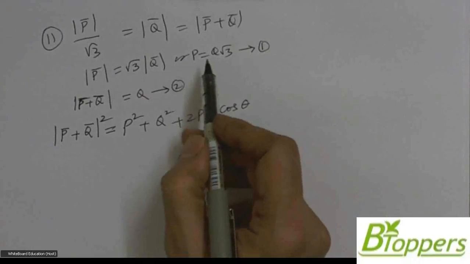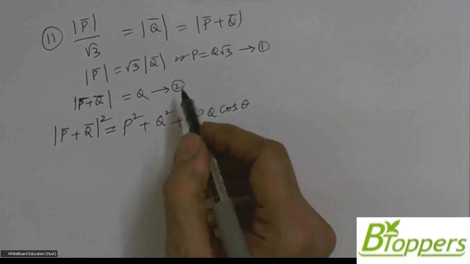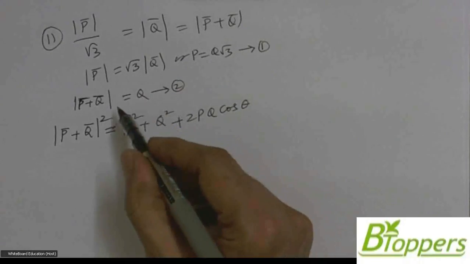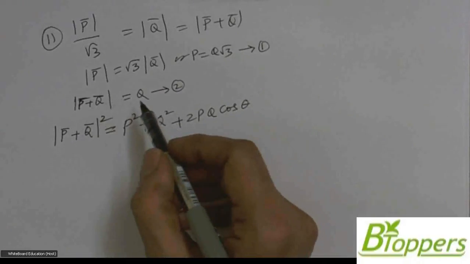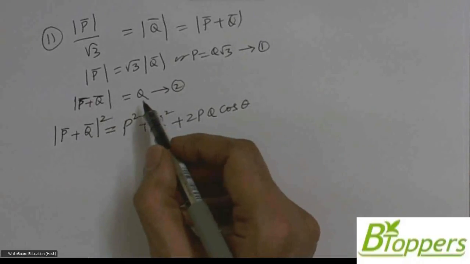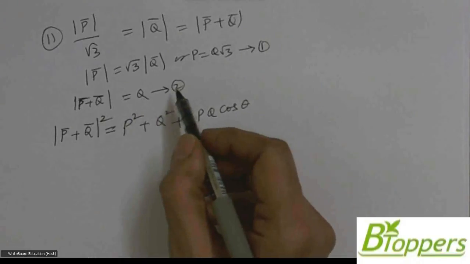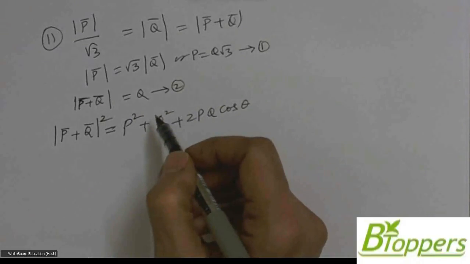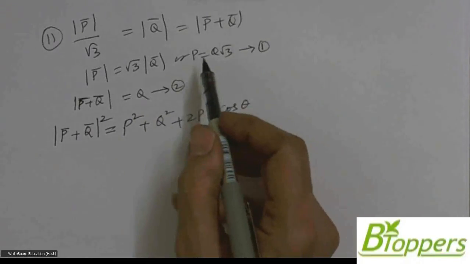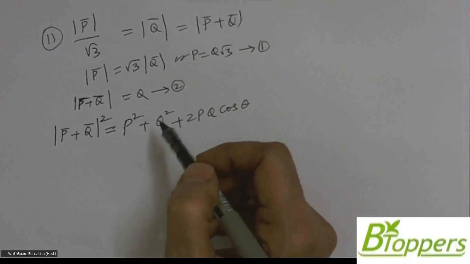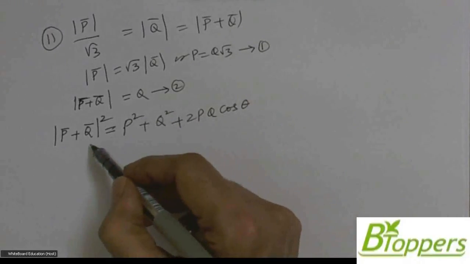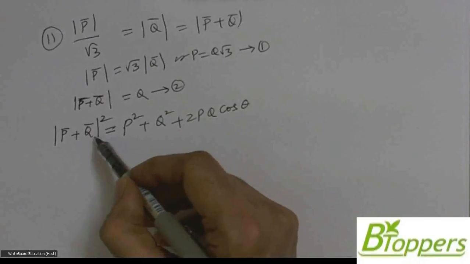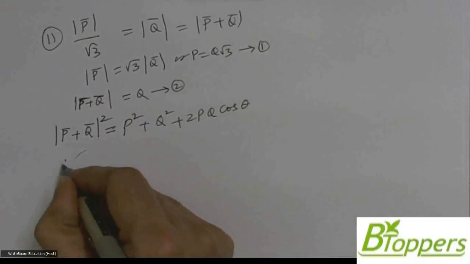You can substitute p equals q root 3 on the right hand side from equation 1, and you can substitute the magnitude of the resultant of p bar and q bar equal to q on the left hand side from equation 2.